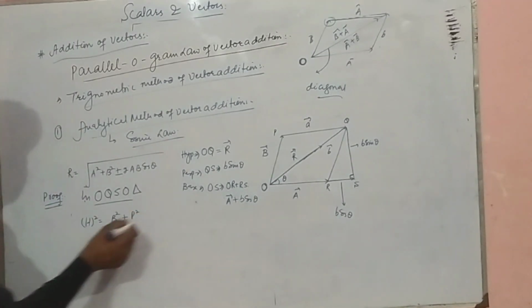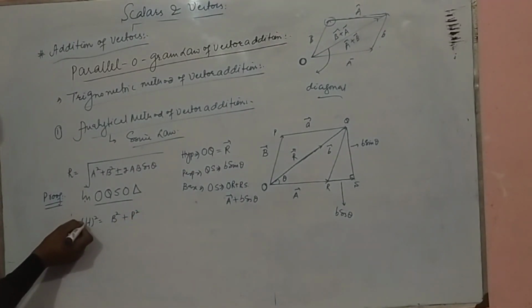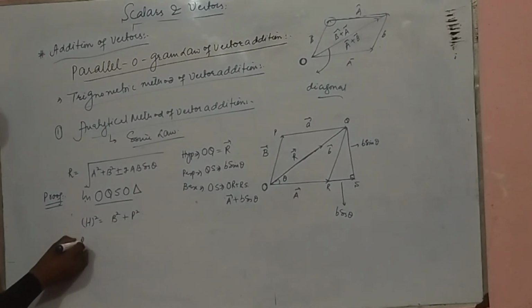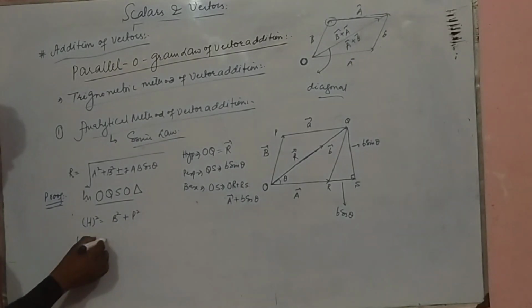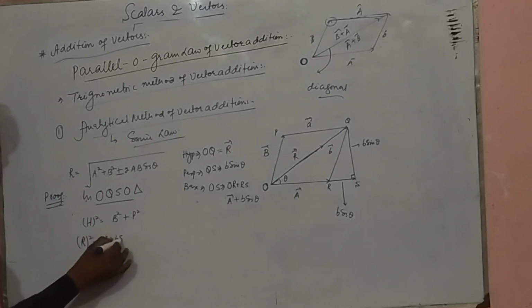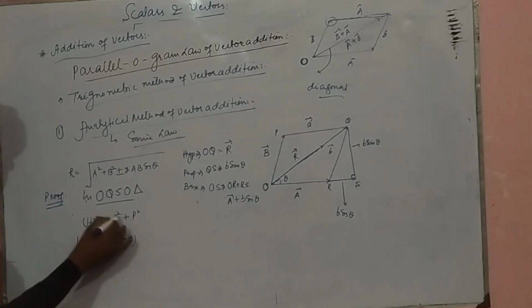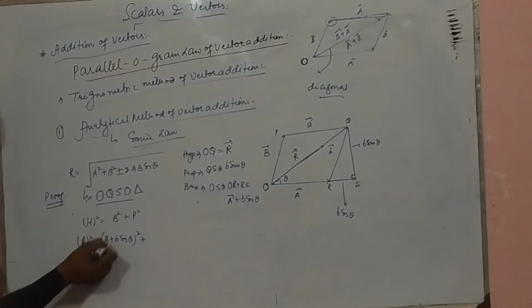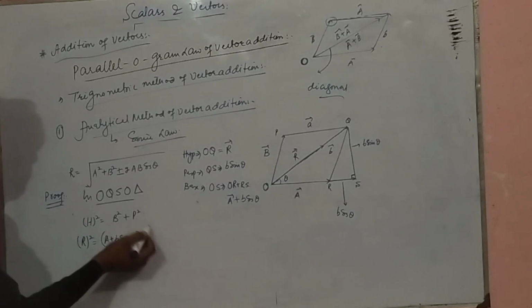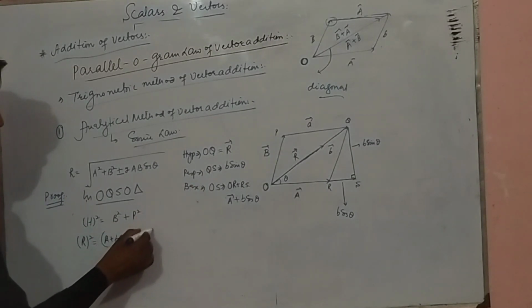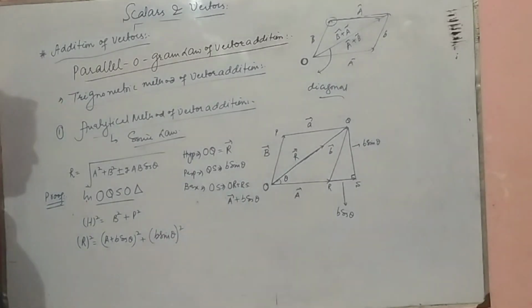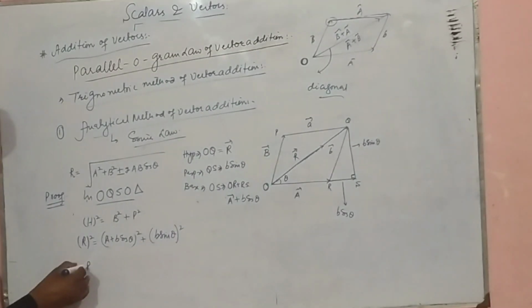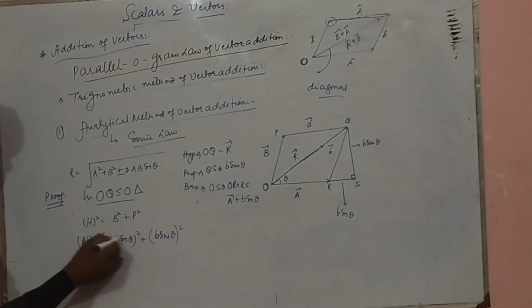If we put these in this equation, the hypotenuse is R square, the resultant square, and the base is A plus B cos theta, squaring this, and the perpendicular is B sin theta, squaring this.